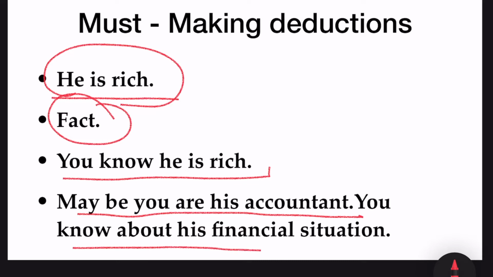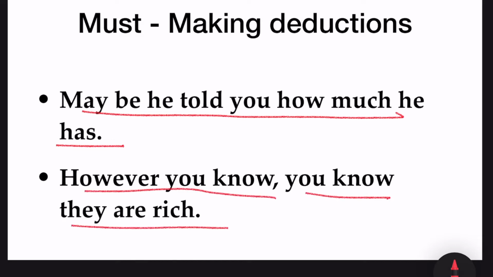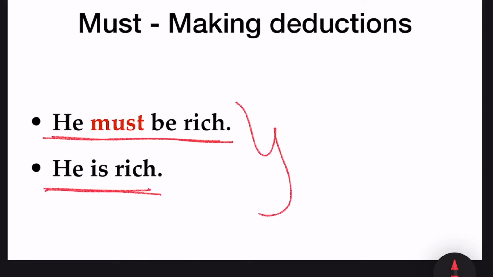You know about his financial situation. You know his financial status, and so you know he is rich. Or maybe he told you how much wealth he has. However you know they are rich. So, he is rich is a fact.